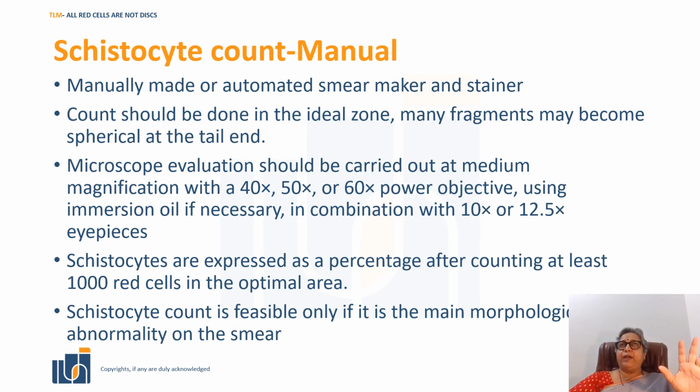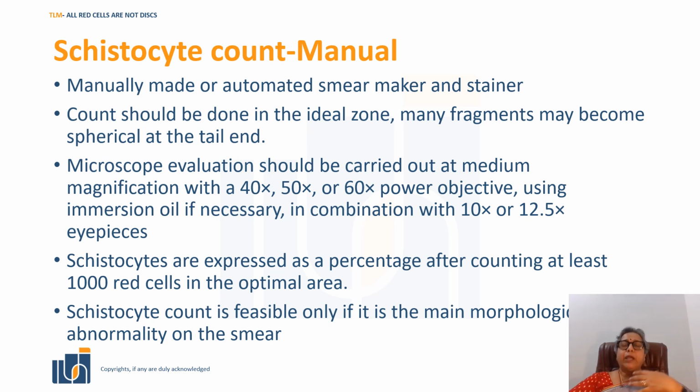Now you've identified the schistocytes, but it doesn't stop there. It's important to tell your clinician that yes, this particular sample has schistocytes. So how do we tell the clinician?